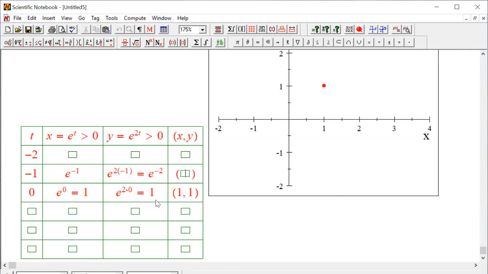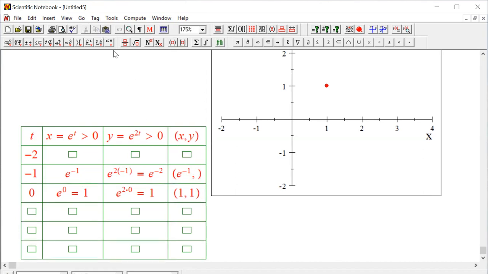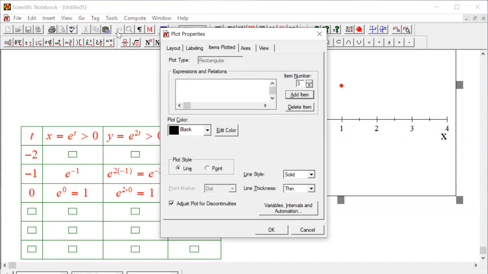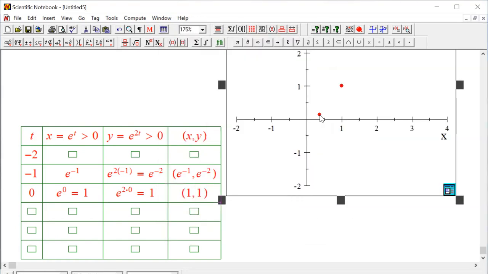So the point has a position, and we're going to put it right there, a red dot.